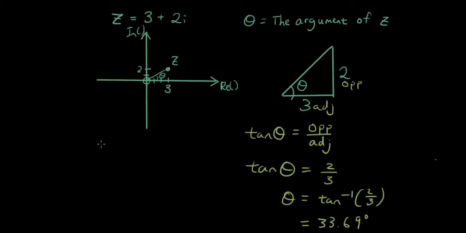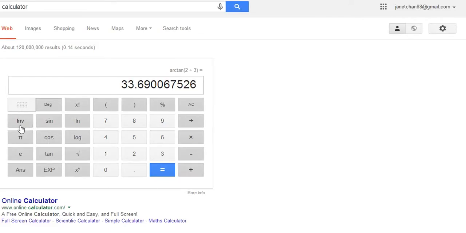We can also write it using this notation: arg(z) equals 33.69 degrees. And for those of you who know about radians already, you can put the calculator on radians and repeat that same calculation.